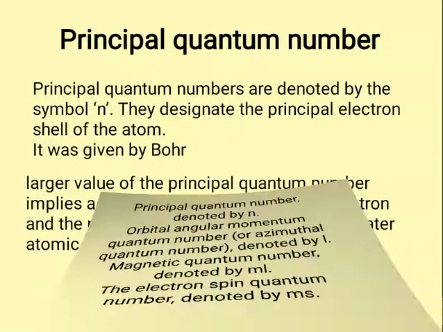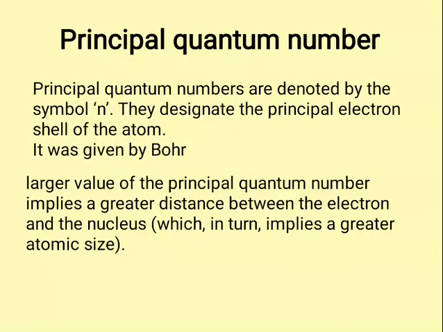Let us talk about the first quantum number, that is principal quantum number. As I told, it is denoted by the letter n and it was given by Bohr. It determines the main energy level in which the electron is revolving.